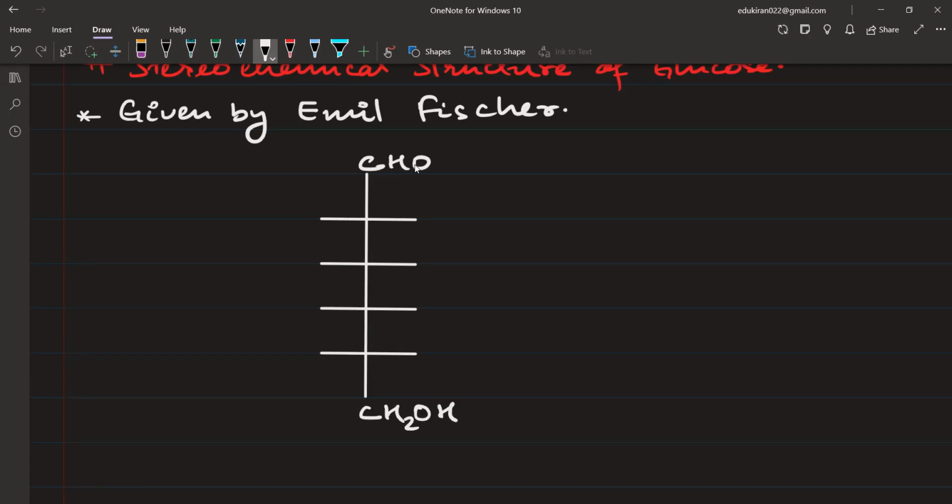The configuration of CHO, the aldehyde carbon, is not necessary. Why? Because here you have a double bond to O and a hydrogen. This is going to be trigonal planar, which means you can never have a chiral center; it has only three groups. CH2OH is a carbon having two same groups, hydrogen, so this also cannot be a chiral carbon. The configuration of all of the other four carbon atoms is important.